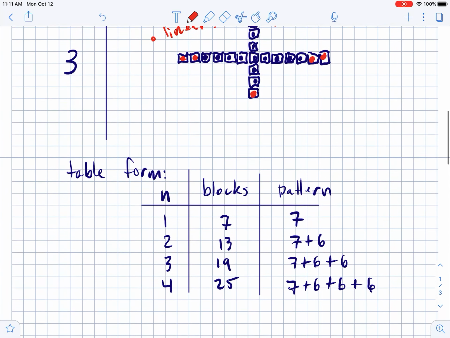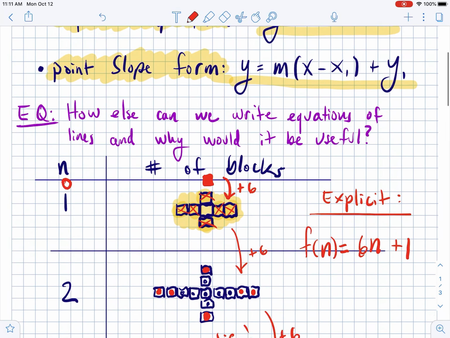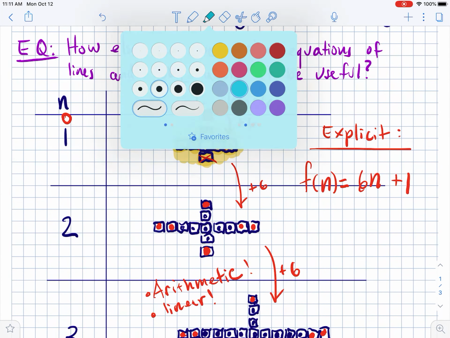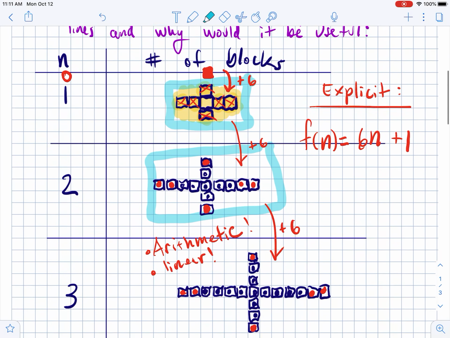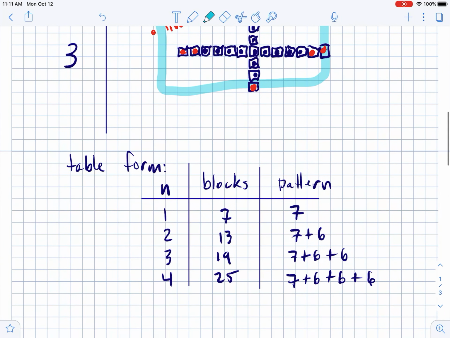Now if I count up how many actual blocks are in each figure, this figure has 7 blocks. This one got 6 added, so that's 13, and then 6 again. So the pattern is the first figure has 7, then 13, then 19, and the fourth figure, which we didn't draw, would have 25.